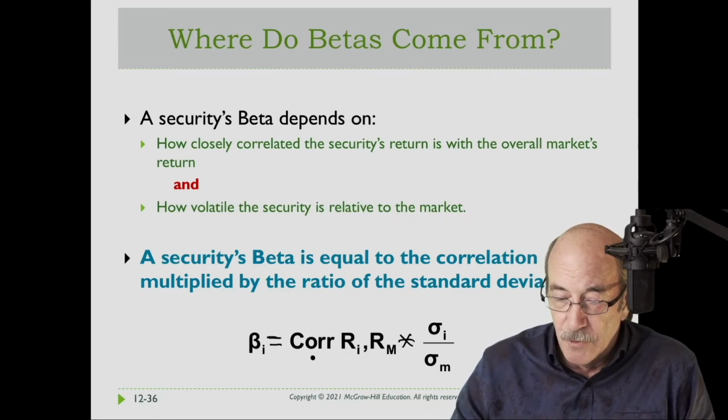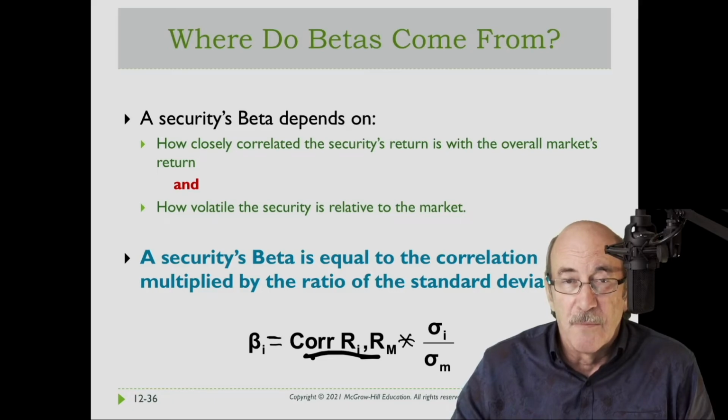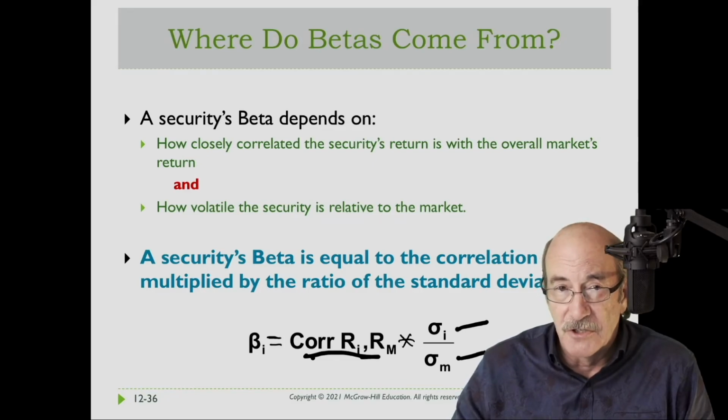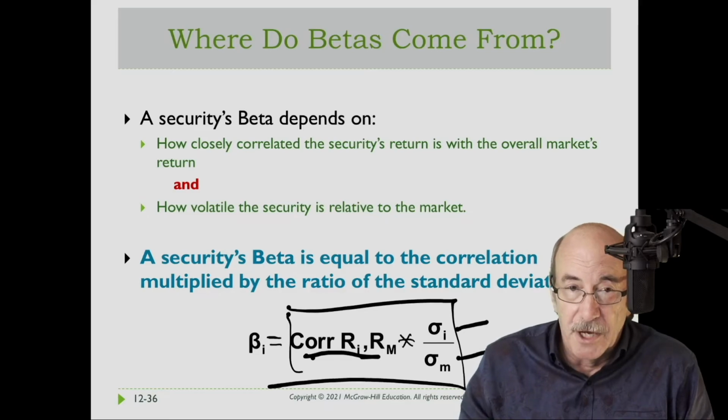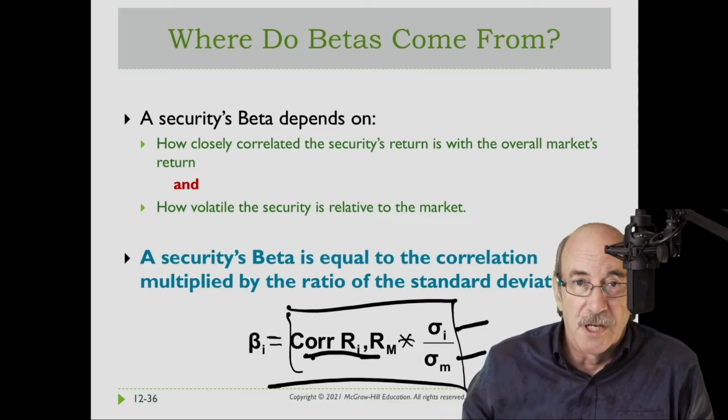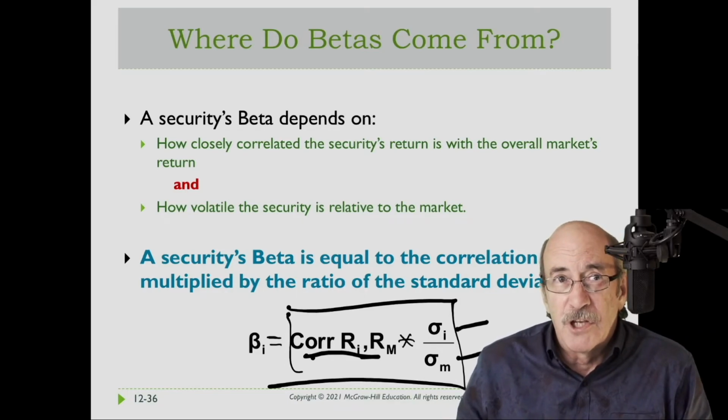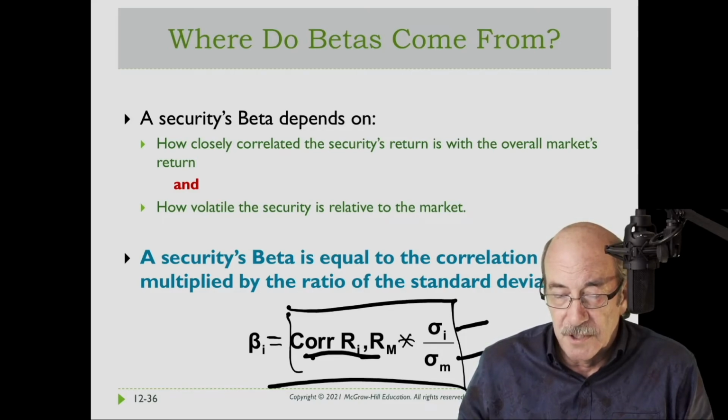Well, if you know what the correlation between the security and the market is, and you know the standard deviation of the security, and you know the standard deviation of the market, this formula will give you beta. So just another way to get to beta, other than having to use OLS. But that's how OLS is getting that effectively.